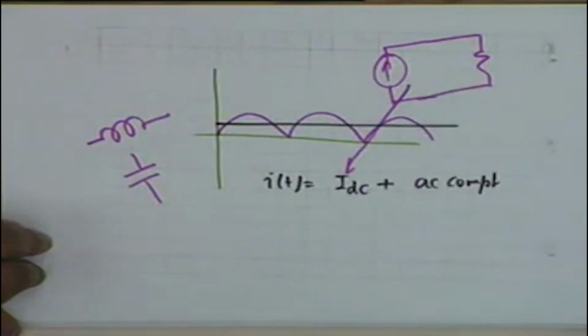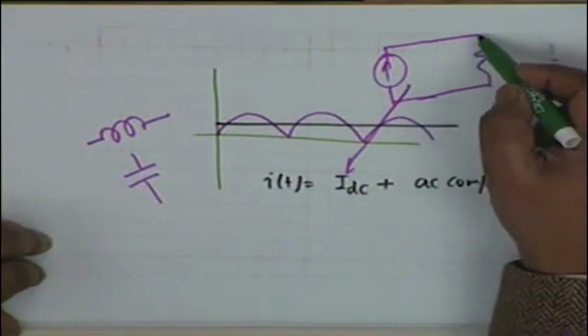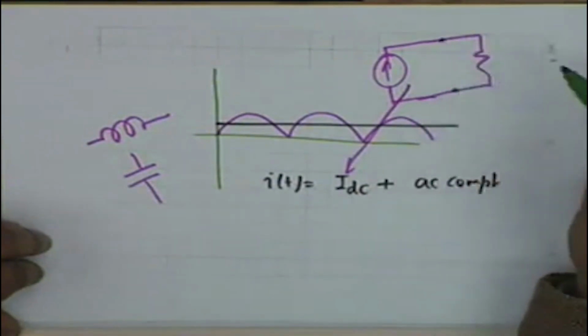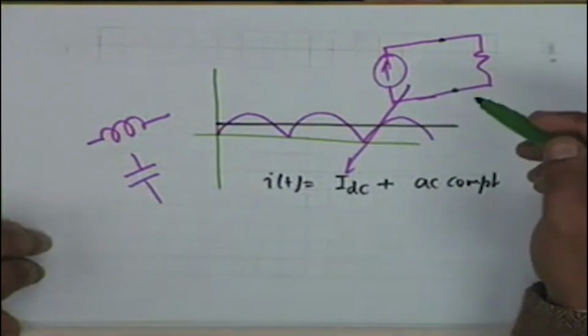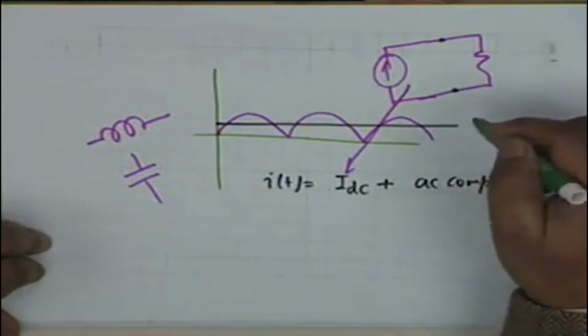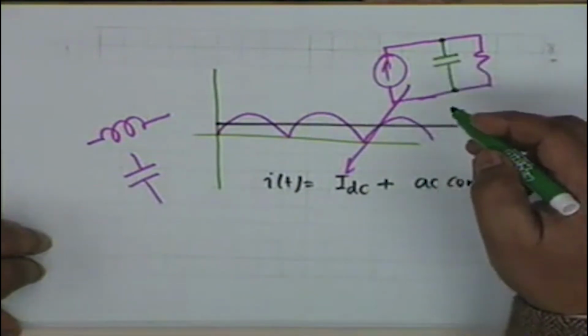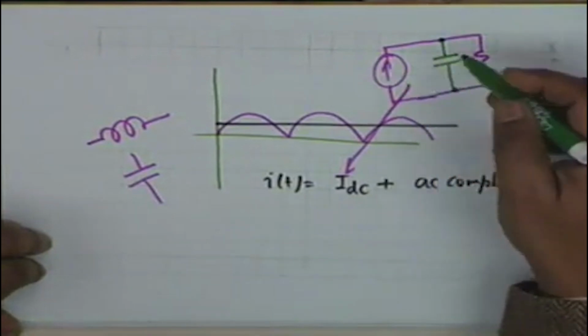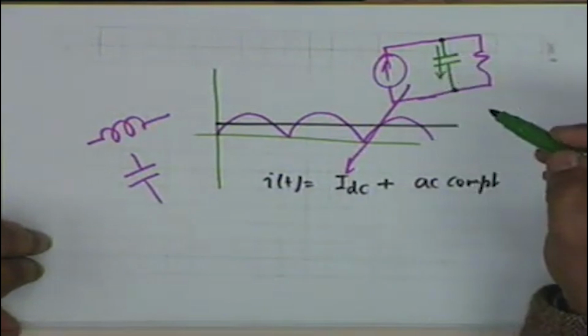That is, the basic concept is, if we provide across the load a 2-terminal component which allows only AC to pass but not DC, obviously that component has to be a capacitor. So as far as AC current is concerned, the AC component passes through the capacitor.